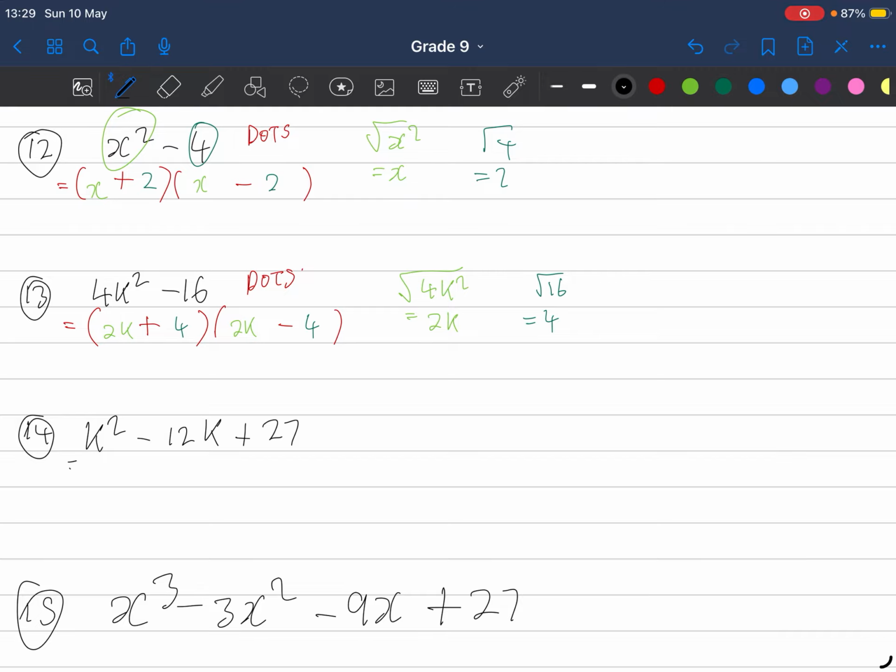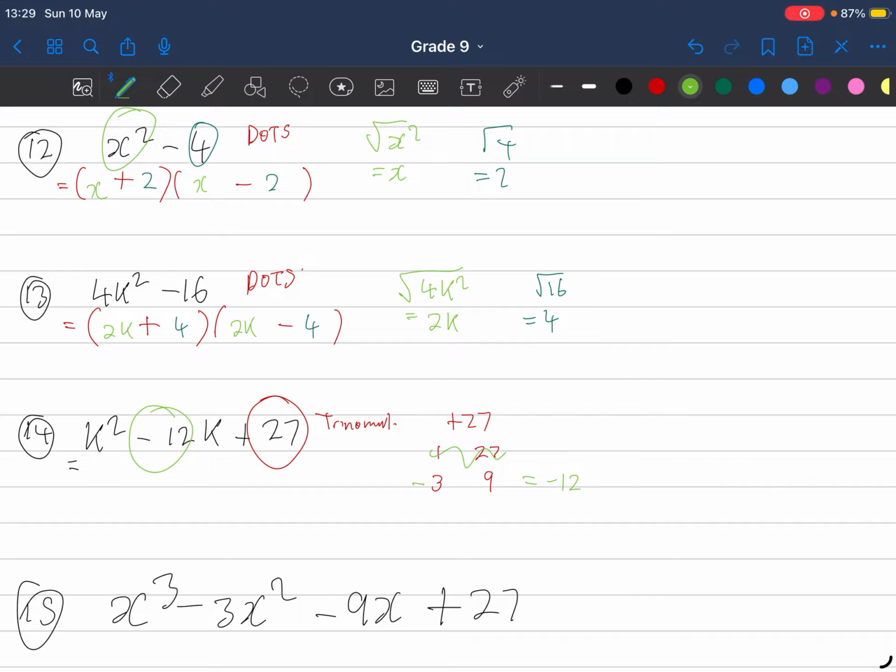Right. Next one. Three terms, k squared, k, constant. Trinomial. Begin. Take our positive 27. Factor pairs of it: 27, 3 and 9. And then we're going to try and look for minus 12. So this is not going to work. Maybe 3 and 9 can give us a minus 12.